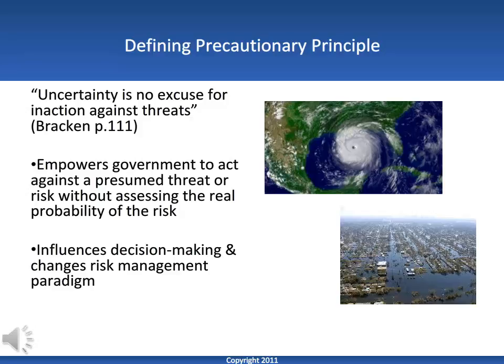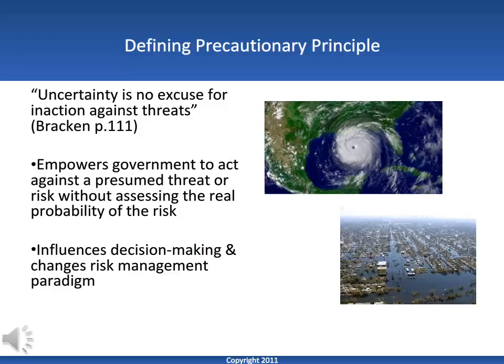And so what he's basically saying here is that in a risk management kind of environment, the precautionary principle may be taken by governments because they feel that the cost or the risk of inaction is worse than taking an action.